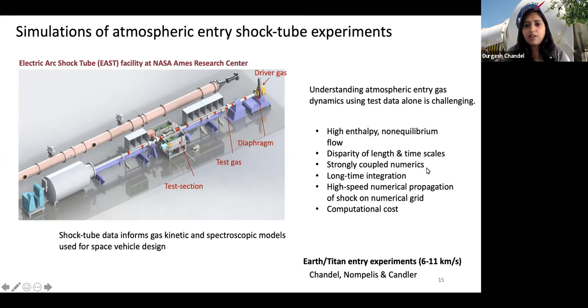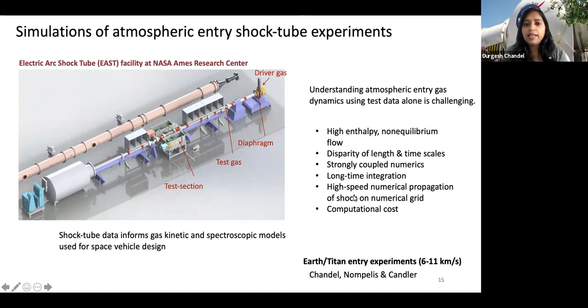The numerics is strongly coupled, and this is a long time integration problem because you are capturing the tiny time scale where the chemistry and physics are happening at hypersonic speeds, and then you are traveling from 0 to 8 meters.